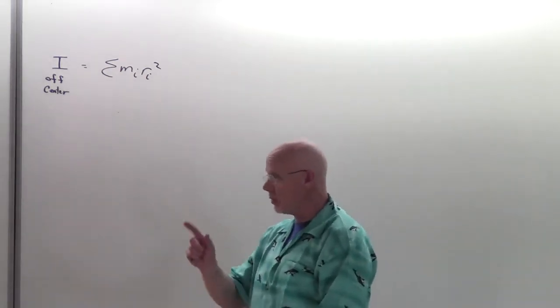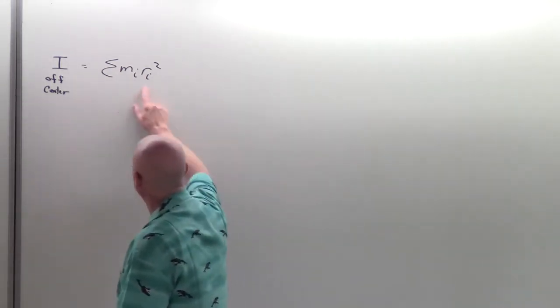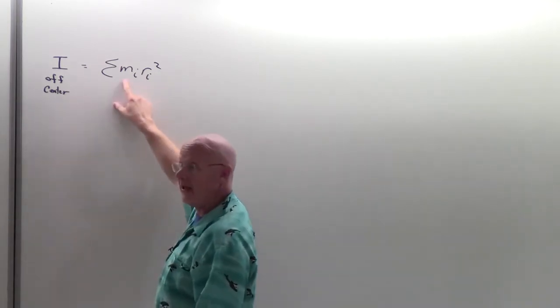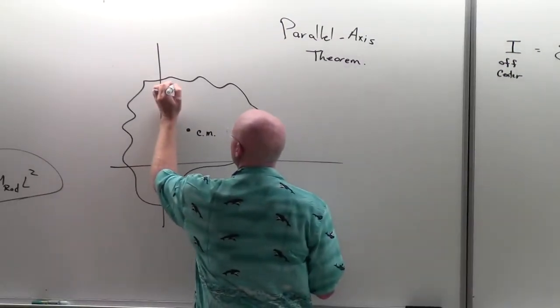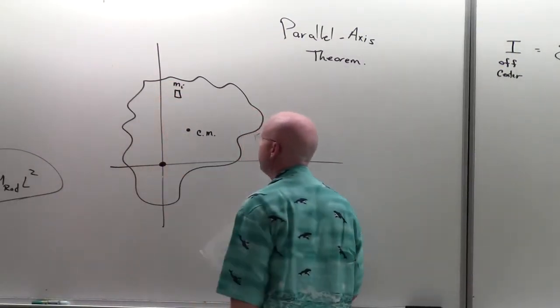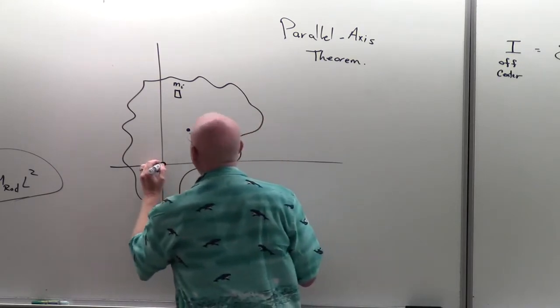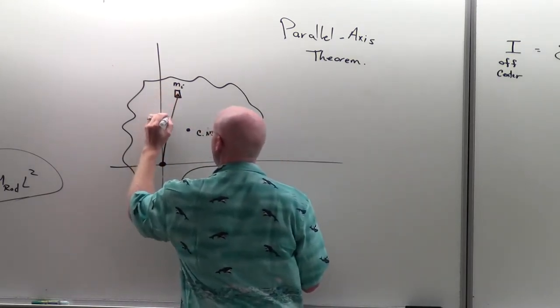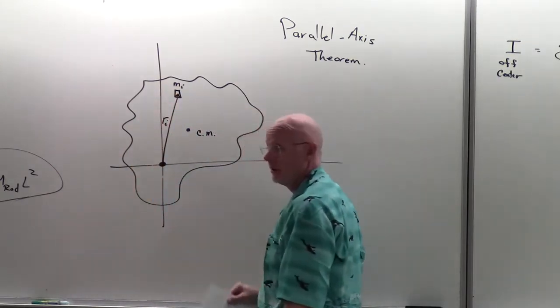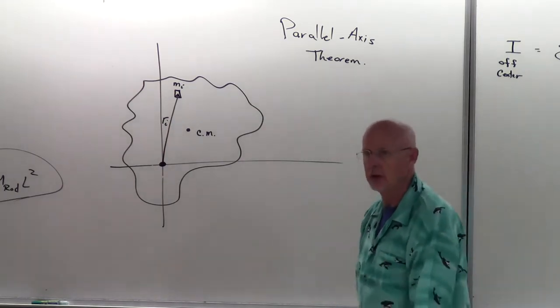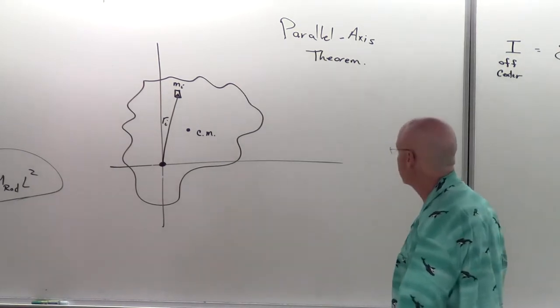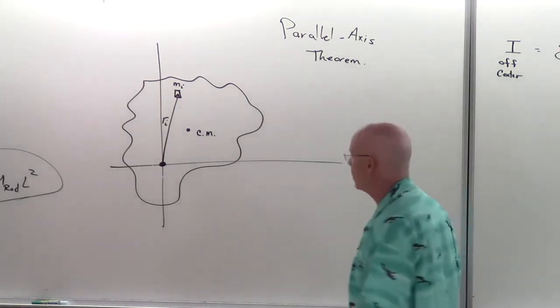Now, I'll say it again, it's worth repeating here. What is meant in each of these terms? The m is the little chunk of mass. Let's just draw one up here. Let's say that little chunk of mass, mi. So ri is that. Ri is the distance to that little chunk of mass. Let's do it in vector notation.